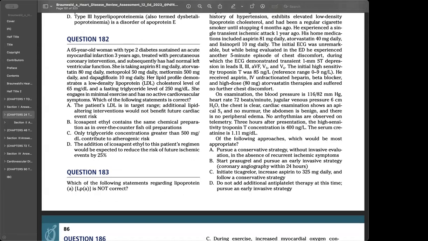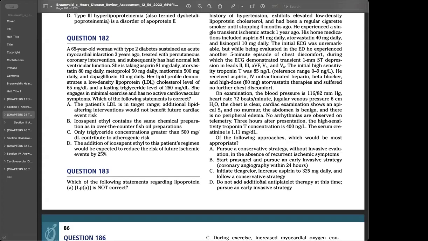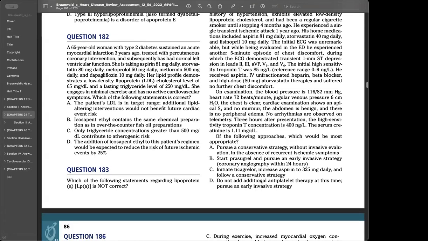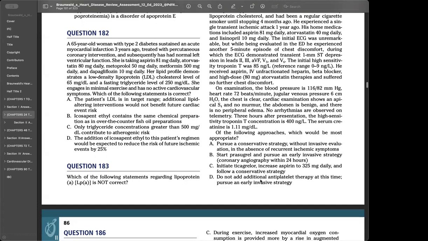My only challenge is that although we've agreed on the fact that D is the answer, would it really be a problem if you do dual antiplatelet before the intervention? That's my concern. I don't know if at the time this book was written the guidelines weren't very clear compared to the new guidelines, which suggest that you can actually do both before you do the intervention.